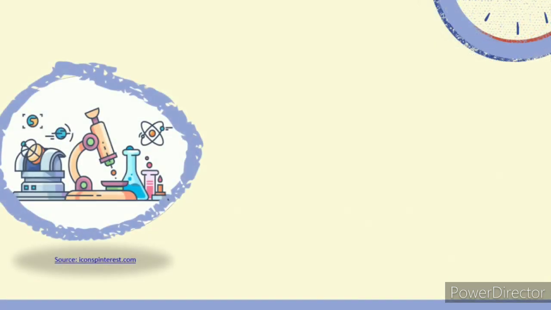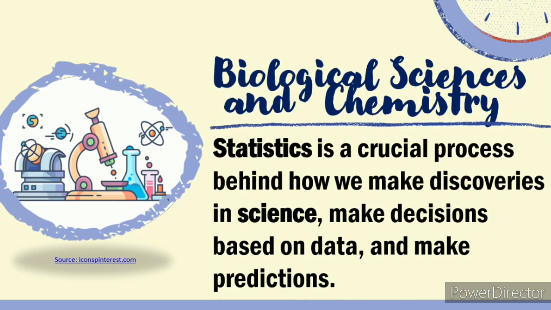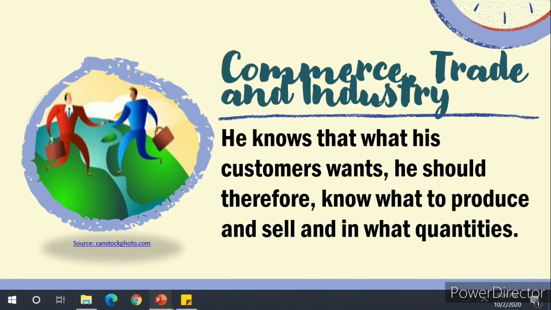In biological sciences and chemistry, statistics is a crucial process behind how we make discoveries in science, make decisions based on data, and make predictions. Statistical knowledge helps you to see the proper methods to collect data, employ the correct analysis, and effectively present our results.